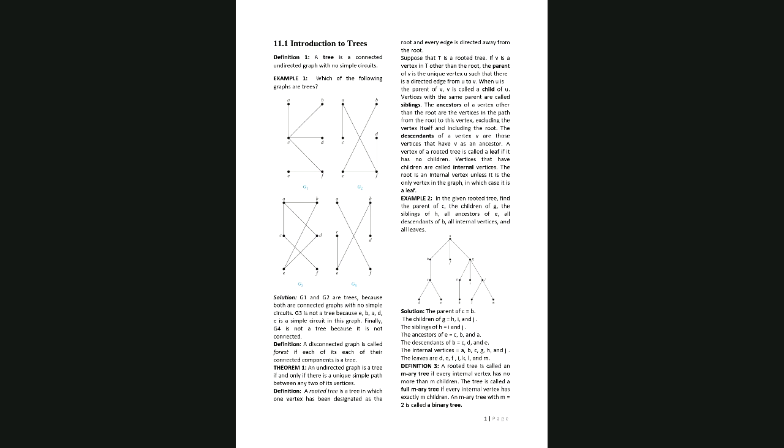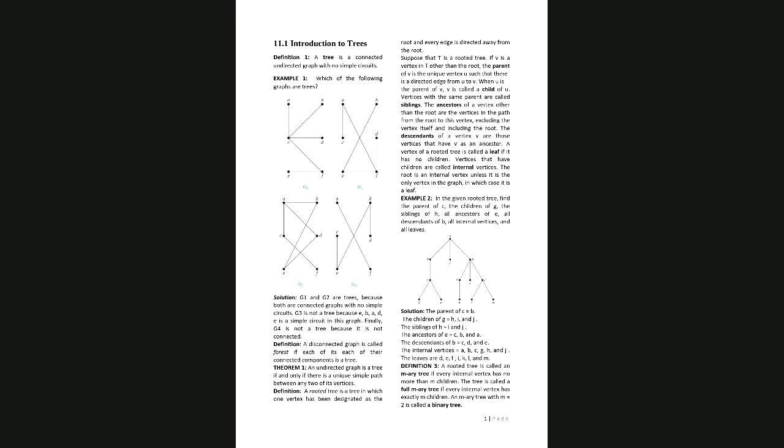If it is a tree, then there is a unique path between any two vertices. A graph is a tree if and only if there is exactly one path between any two vertices, and vice versa. So this is the first theorem.